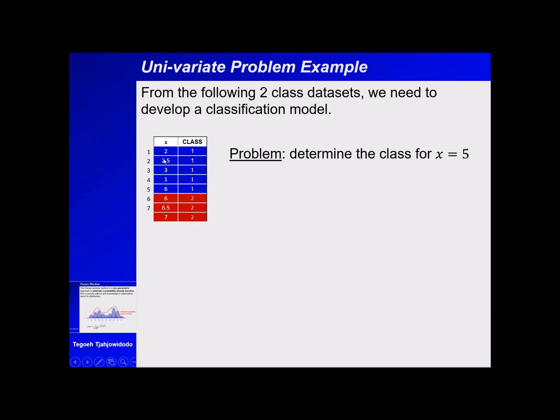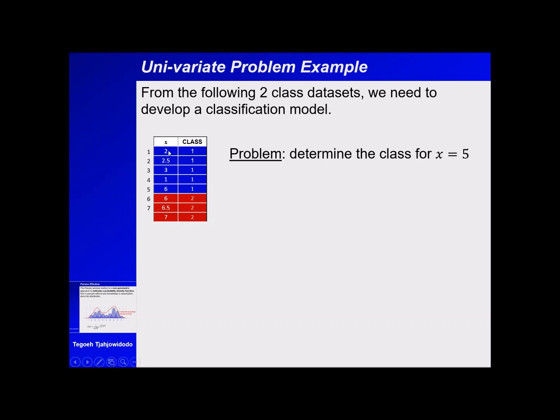X is the input from my training data sets, and the second column here represents the class associated with the input X there. So these are my samples. I have 8 samples there. The first 5 data points correspond to class 1 because I have a 2 class problem here. The remaining 3 correspond to class 2.